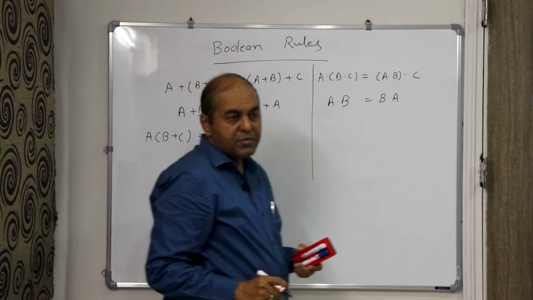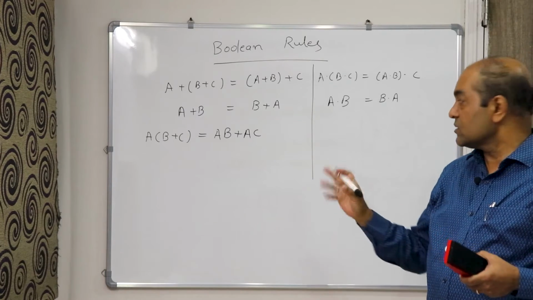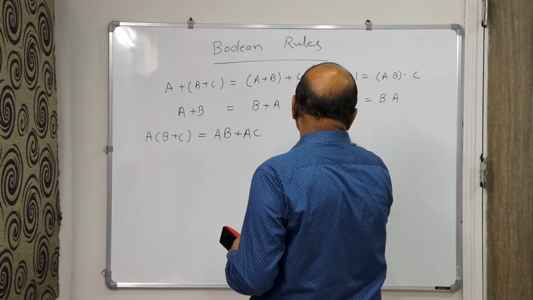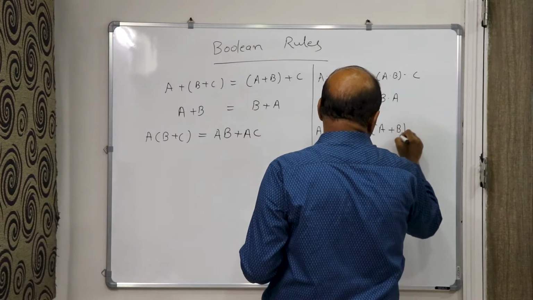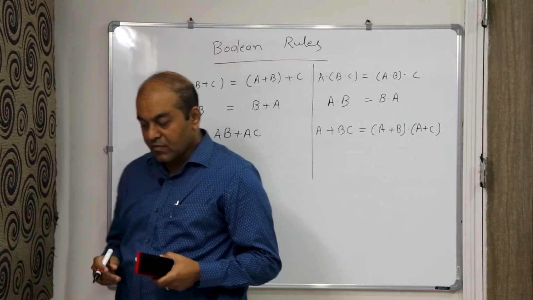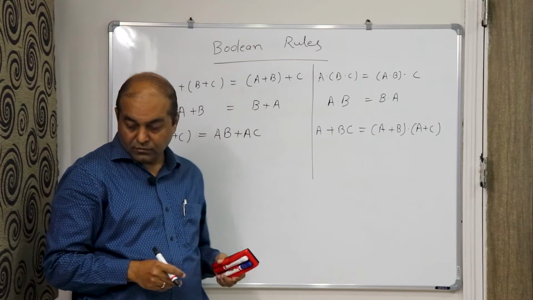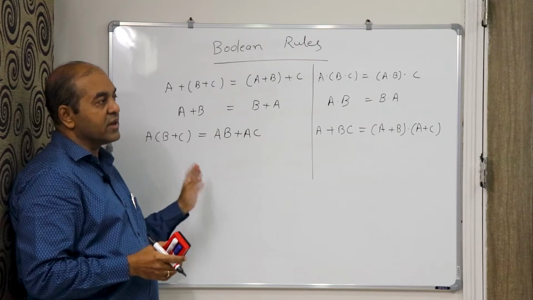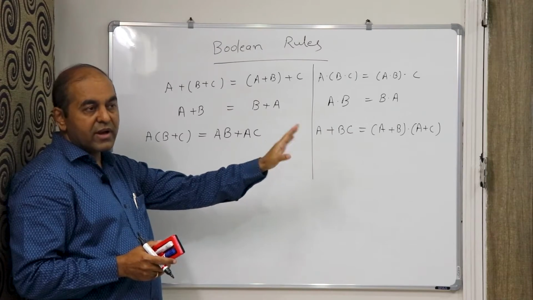A dot (B plus C), that is AB plus AC. A plus BC, that is (A plus B) dot (A plus C). Copy down this. So 4 plus 3, 7 rules for OR gate, 7 rules for AND gate.